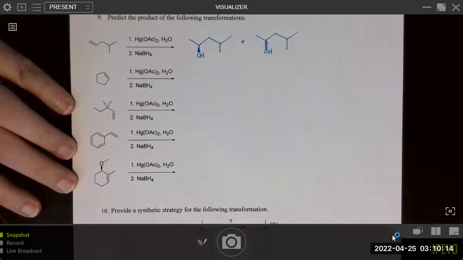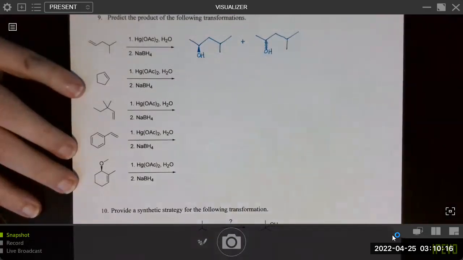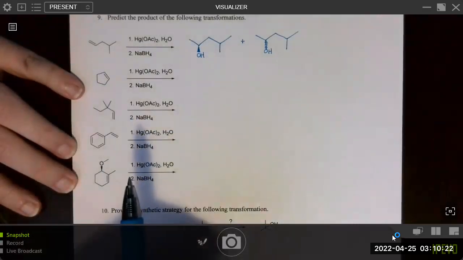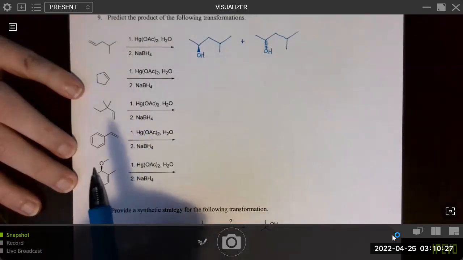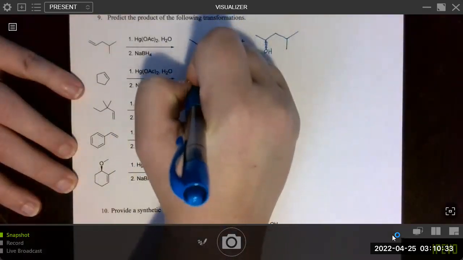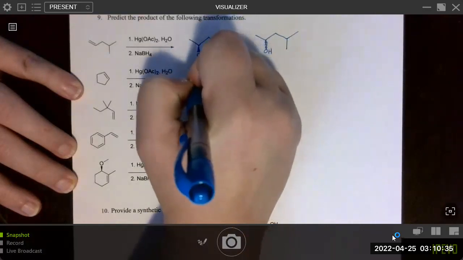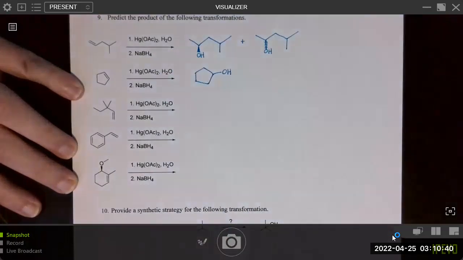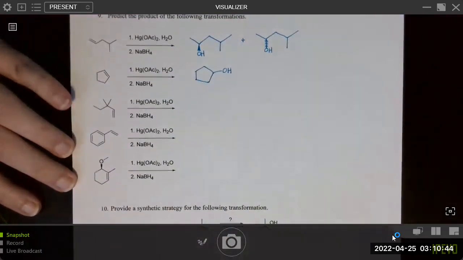Okay. This one, do we have to worry about regioselectivity? No, because it's a symmetrical alkene. We also don't have to worry about stereoselectivity because just like last time, we're not forming a stereocenter. And we also don't have to worry about rearrangement. So this is the same product as it was last time. Again, it will only be a different product if we did a rearrangement in the previous example.